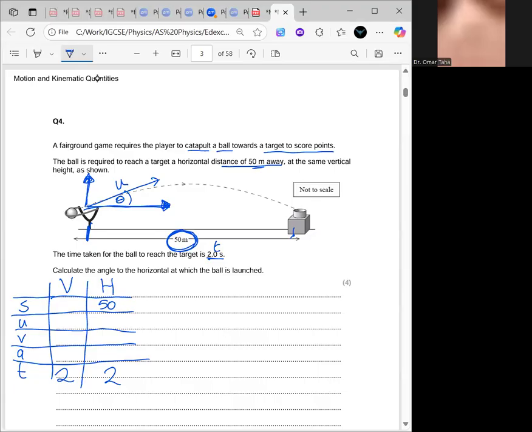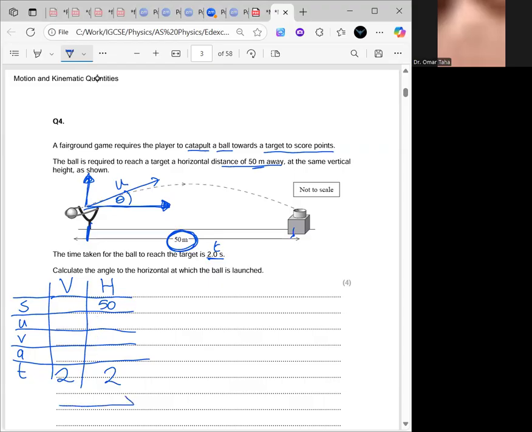And this is something that is always shared. The time is shared always between the horizontal and the vertical component. One other thing is, we know that U or V is the same. Why is that?